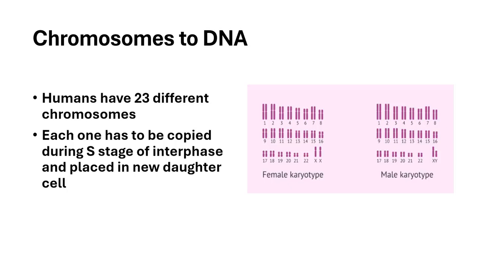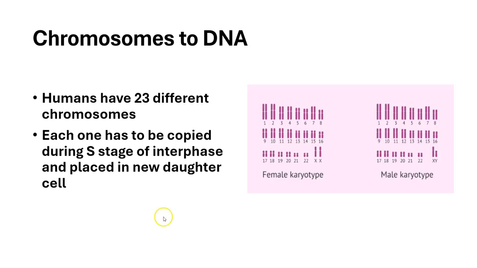They've been wound up into a very tight format that we recognize as a chromosome. These chromosomes are visible under a microscope. You can actually see them, and it makes it a lot easier to divide out these chromosomes into the new daughter cells. So humans have 23 different chromosomes.